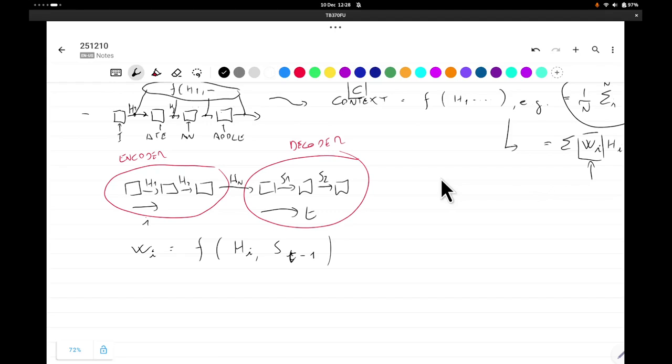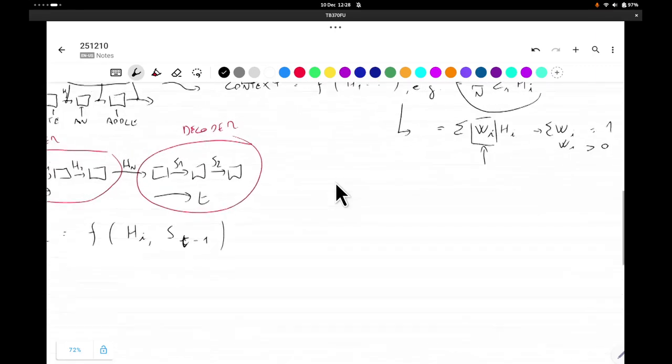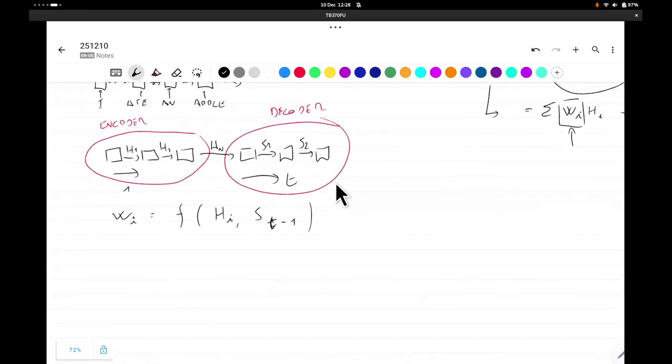So we want the weight that connects the state function in the encoder, and this is related also to the value in the decoder. Let me repeat here, encoder, decoder.